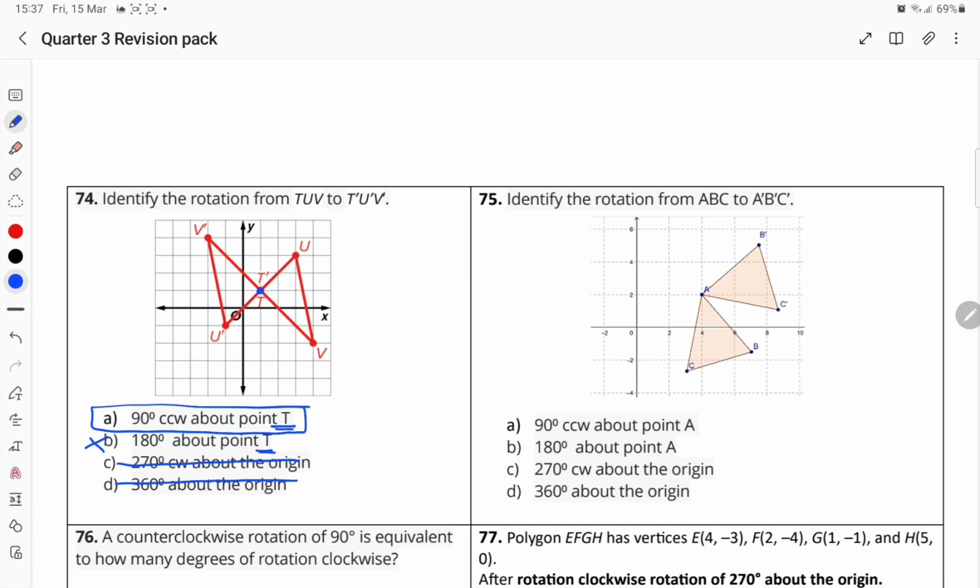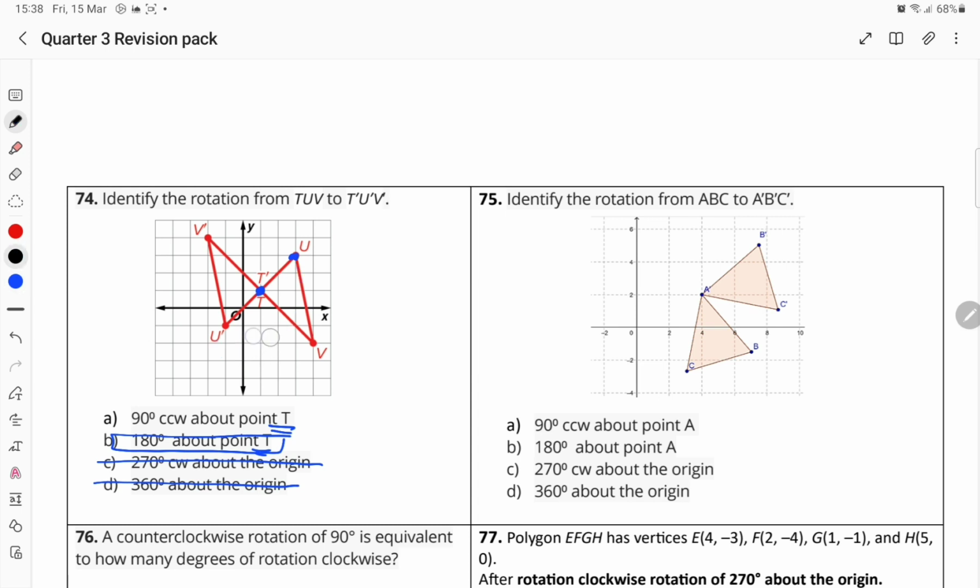How do you know? Let's see together. Sorry, let's do this again. Again, the T is common, so it's about the point T. So we will cross these out. The point U, let's focus on the point U. If he just moved to the next quadrant, it is 90, but he moved another 90, so it is 180.